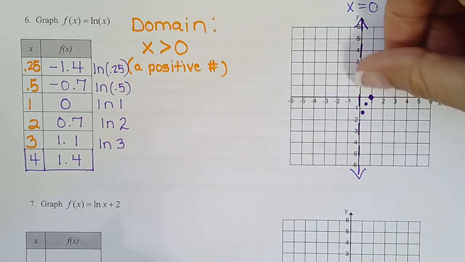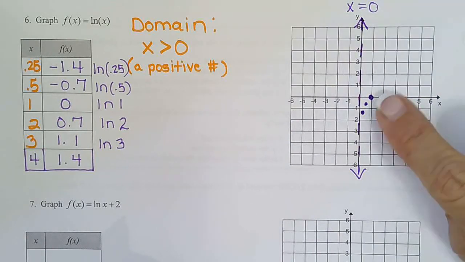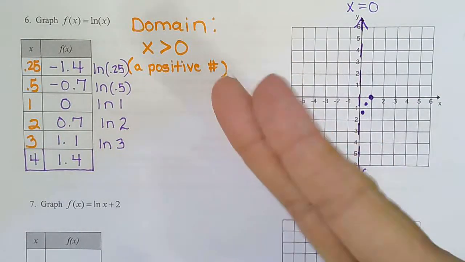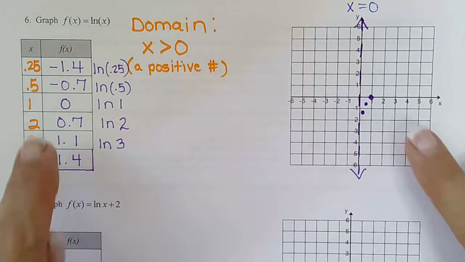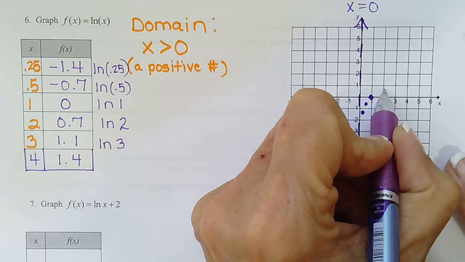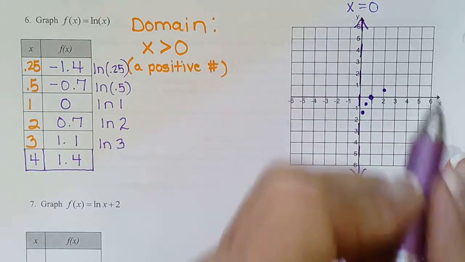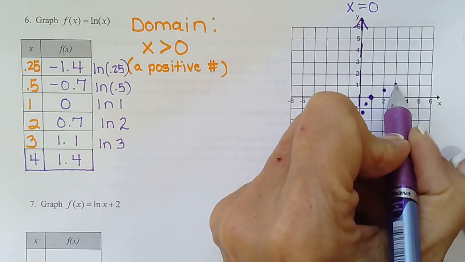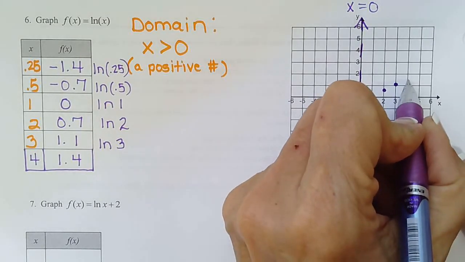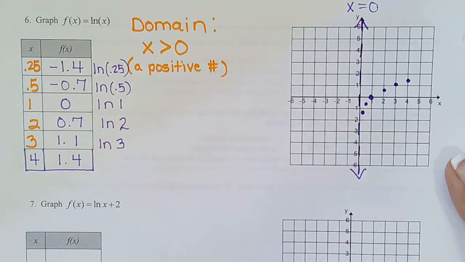Every exponential has 0, 1 as a point. Every log that hasn't been shifted has 1, 0, because we switch the x and y around. 2 goes with 0.7, which is just a little above half. 3 goes with 1.1, which is just above 1, and 4 goes with 1.4, which is just below 1.5.